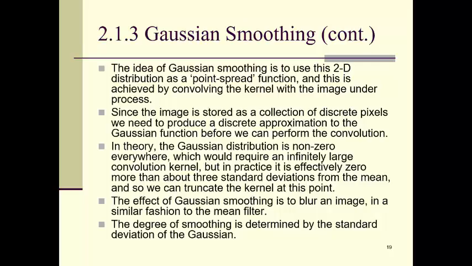Okay? So here we say that the degree of the smoothing is determined by the value of the standard deviation. So can you repeat the point? Yes. Here I'm talking about the comparison between the average kernel and the Gaussian smoothing kernel. Okay? Here, for example, this is the Gaussian distribution, right? For the average distribution, it's something like this.